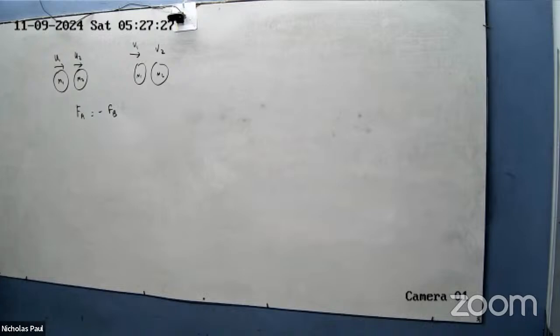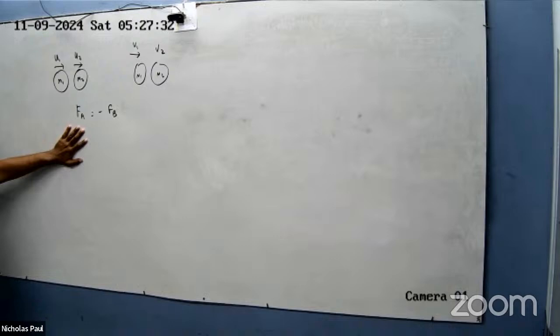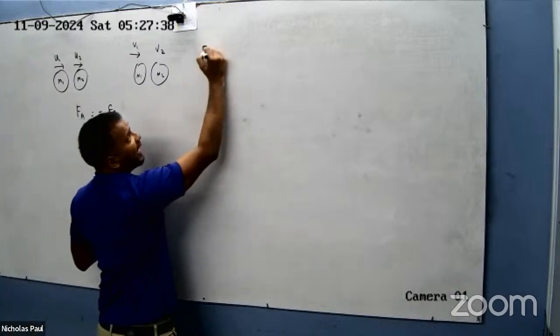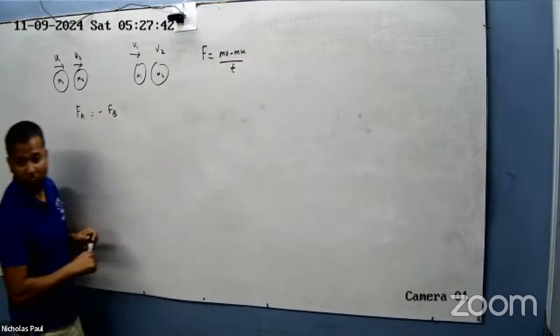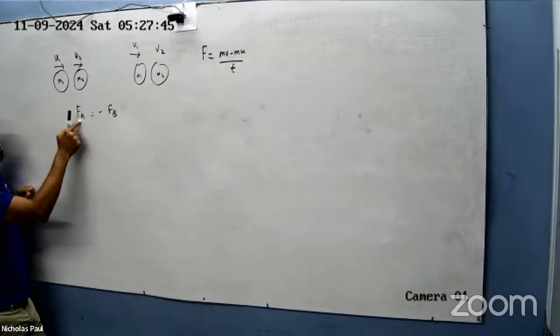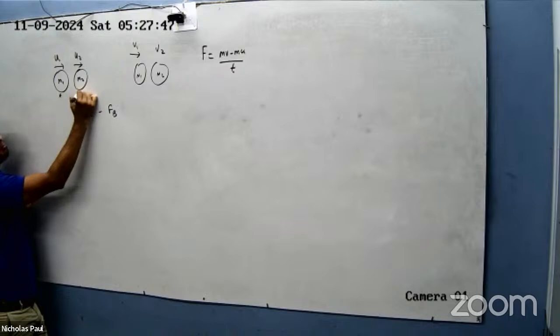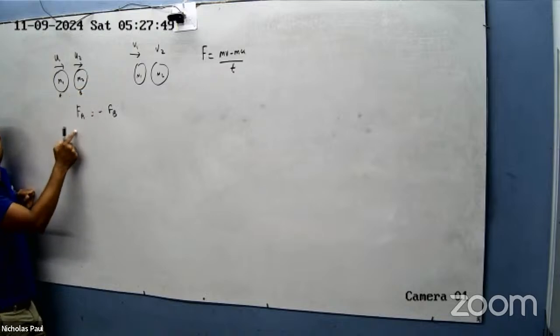Ready? So here's what we need. We need the force applied on A. What do we know F is again? We know F is equal to change in momentum over time. Okay? Let's call this A and this B. What's the force exerted on A?